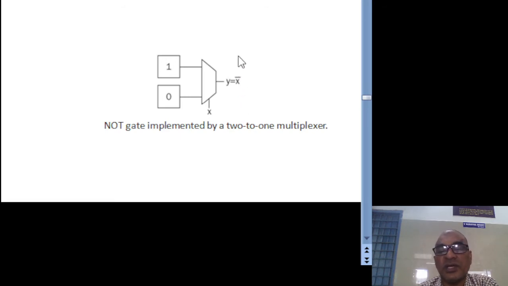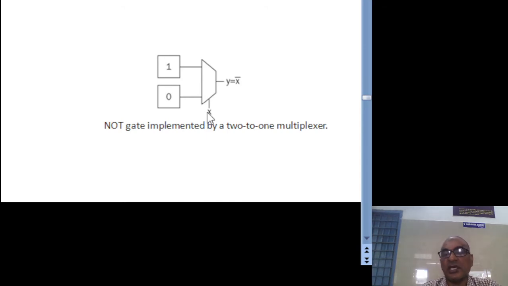First of all, as I said, you have to prepare the truth table for the given function. That is y equal to x bar is the function. The truth table is: if x is 0, the expected output is 1. If x is 1, the expected output is 0. Like that you can implement it on LUTs.